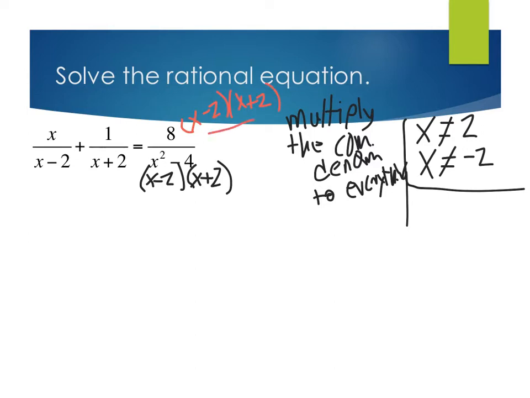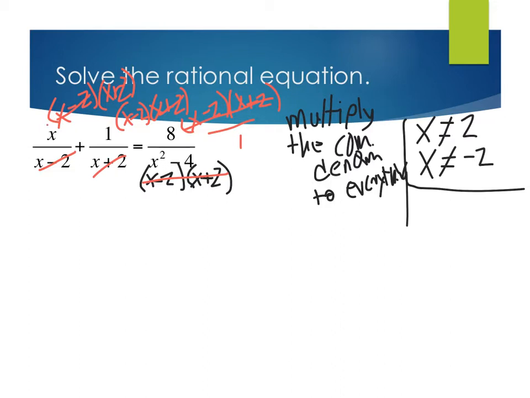Really, I'm technically multiplying this over 1, so I'm really just multiplying the tops by the common denominator. When I do that, we're going to notice that something happens that lets us actually work with these. Now I notice that these x minus 2's cancel, these x plus 2's cancel, and then this whole bottom cancels with this whole top. So now we can work with just the tops. We don't have denominators anymore.